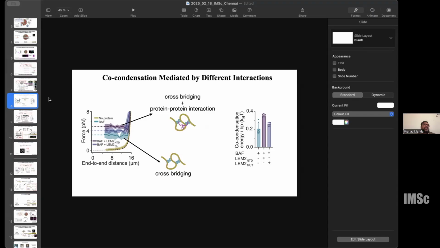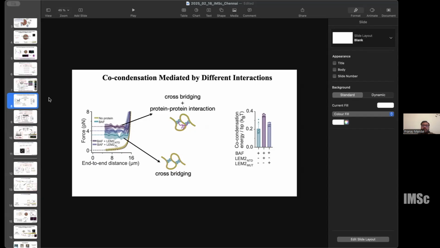Good question, and we have checked that. BAF is present everywhere on the nuclear periphery and compacts the chromatin, which tells you inherently that there should not be any sequence dependency, in a broader sense. We checked this using two or three different DNA constructs.